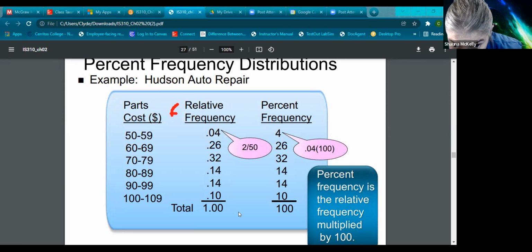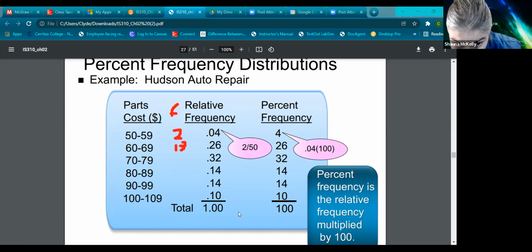Well, there are 2 here, and I know that because she did 2 out of 50, right? Now, this is 26%, so this is going to be 13. There's 13. And if you take 13 out of 50, you'll find that that's 26%.